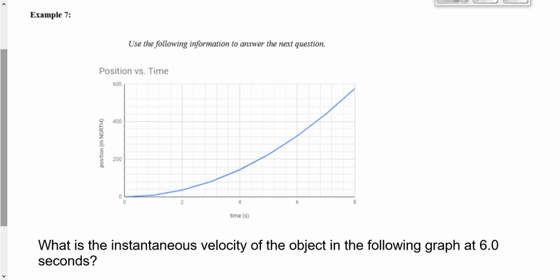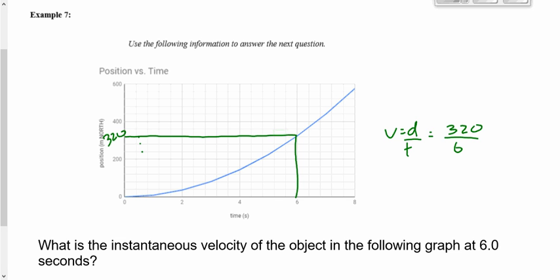What a lot of people want to do is say, well, at 6 seconds, what's my position? 240, 280, 320? Why don't I just say v equals d over t, 320 over 6.